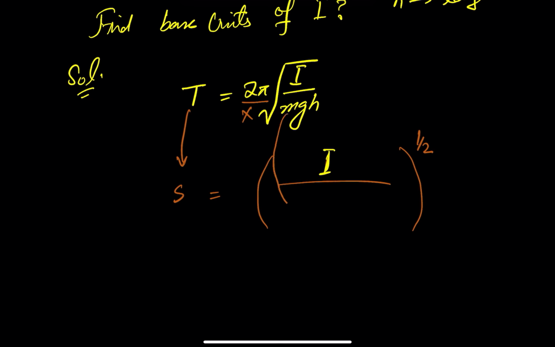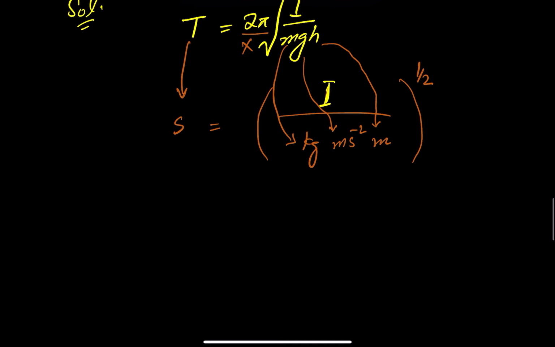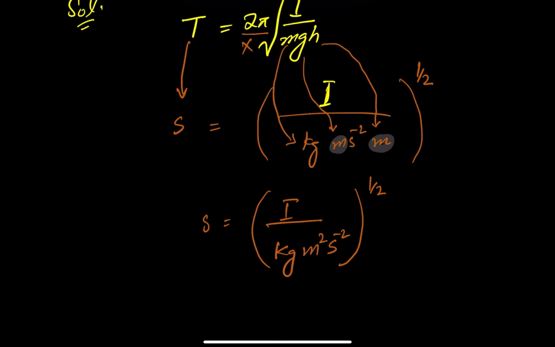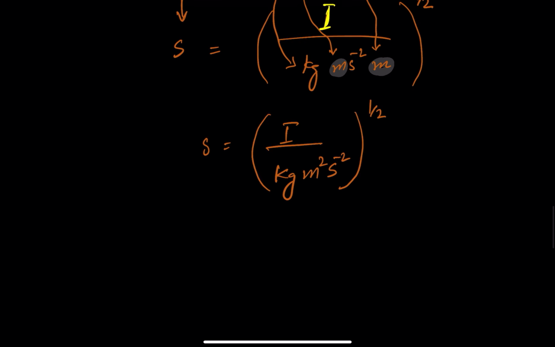Okay, for m here comes kg, for g here comes m s^-2, and for h let's write it as m. Okay, so it will be s is equal to I over kg. There is 1 m here, 1 m here, so it will be m^2 s^-2, whole power 1 by 2. Okay, there are different methods to solve from there.